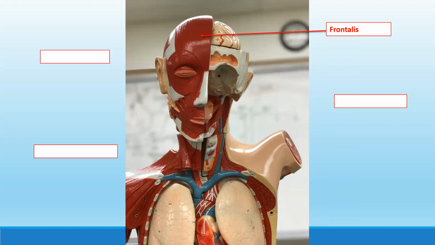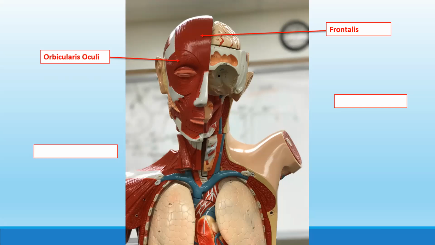But the frontalis is there primarily for expression. It doesn't really do much for us. It doesn't protect the skull very much, neither does the skin. But the frontalis allows us to show expression.